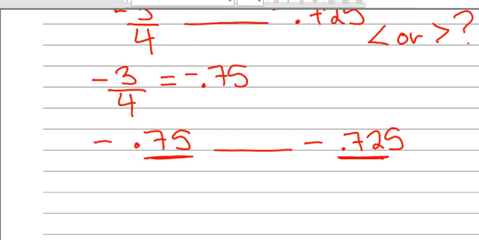The negative 0.725 is smaller. It's closer to 0. So this is bigger. So we say negative 0.75 is less than negative 0.725. Because since negative 0.725 is smaller, it's closer to 0, it really is bigger.